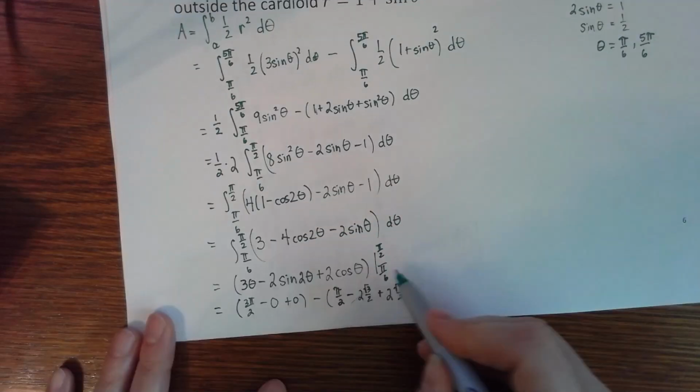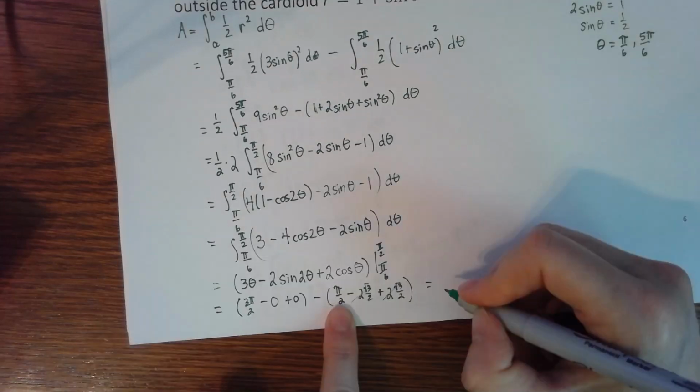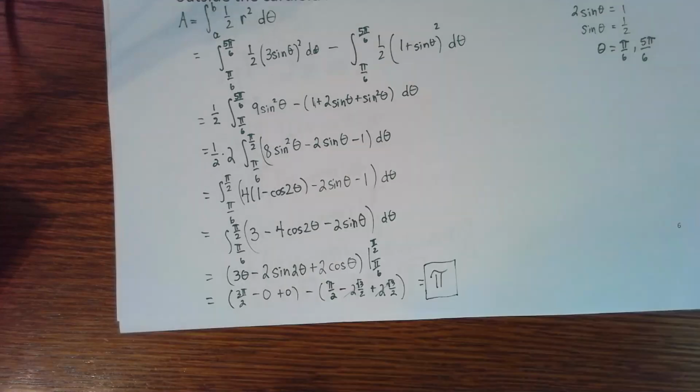Okay, so these cancel, that's just 0. So that gives us 3 pi over 2 minus pi over 2, which is 2 pi over 2, or just pi. Okay, so that is the area of the region that's inside the circle and outside the cardioid.